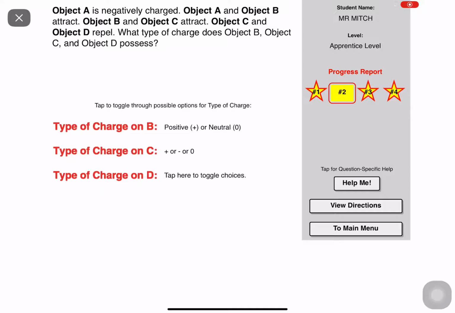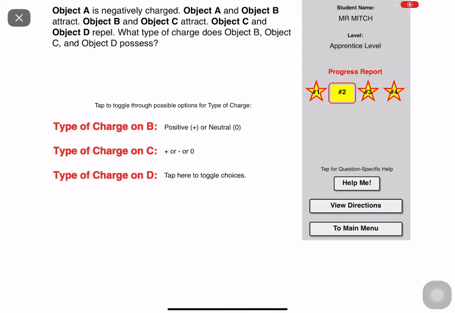Well, if B was positive, it can be attracted to a negative or a neutral. Let's say B was neutral. That means it can be possibly attracted to a positive or a negative. So right now we're listing all of the possible options because that's what it tells us to do.